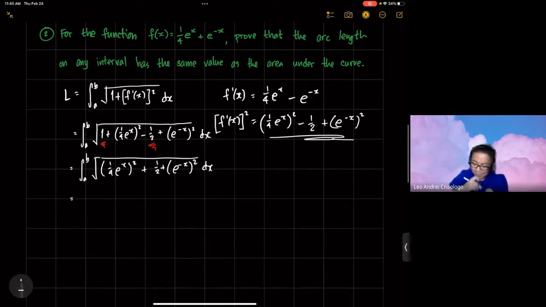So it's essentially still a perfect square trinomial, except that the second term in the binomial will just be positive.